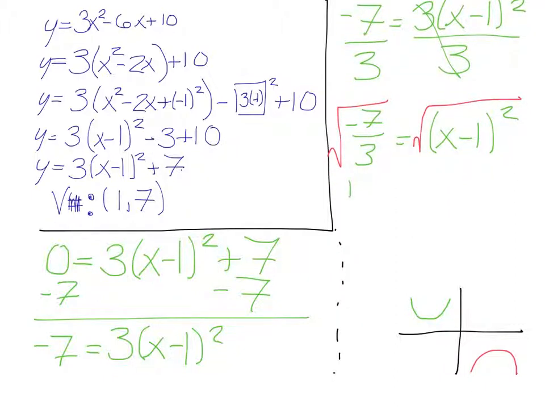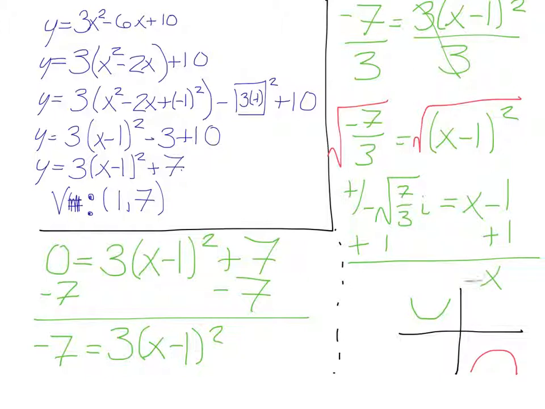I have plus or minus the square root of 7 over 3 times i equal to x minus 1, then I can just add 1 to both sides. So my final roots will be 1 plus or minus the square root of 7 over 3 times i.